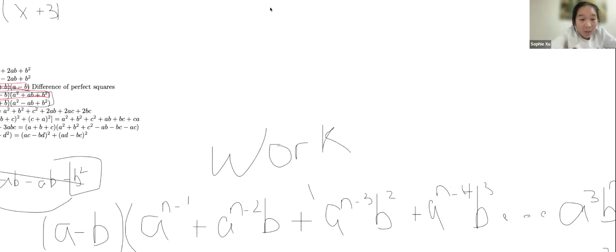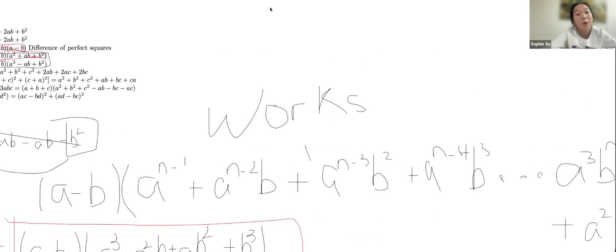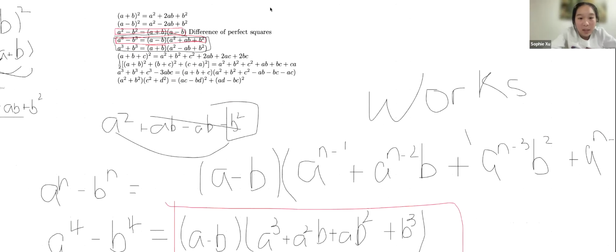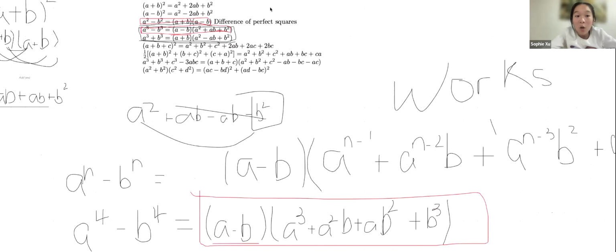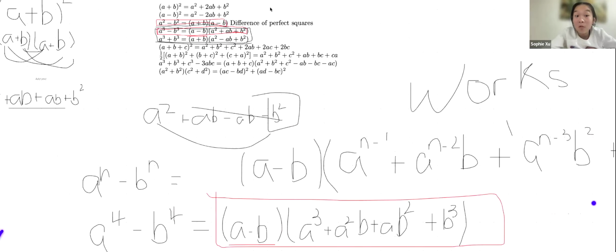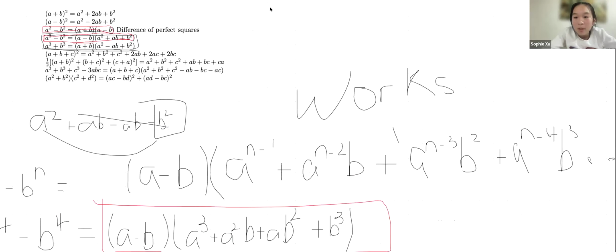If a to the power of n minus b to the power of n is like this, what's a to the power of n plus b to the power of n after looking at this one? Can anyone work it out? I'll give you a to the power of 5 plus b to the power of 5. Can I just give you a hint?